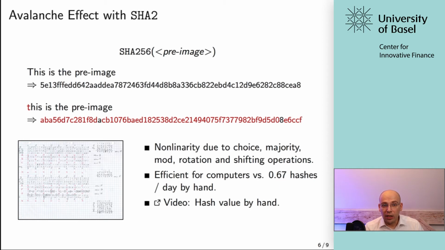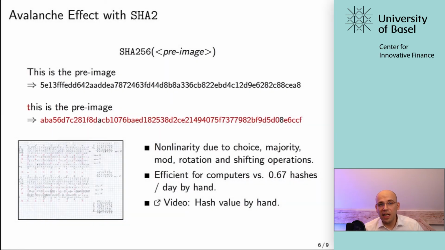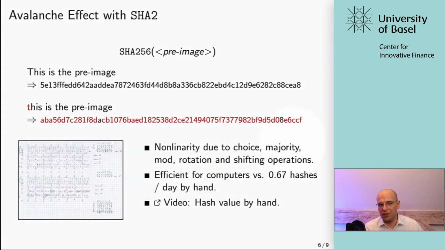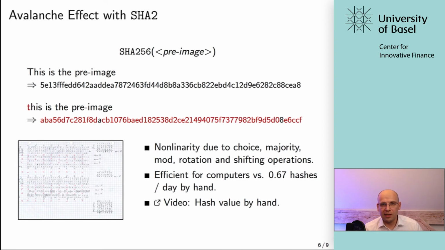Anyway, what I actually wanted to say is, when you change just a little bit of the pre-image, so instead of an uppercase T you use a lowercase t, then you have this avalanche effect, and the resulting hash value looks completely different. As you can see, everything that is in red changed. The rest, these 8 right here and this A, just stayed the same due to pure probability.